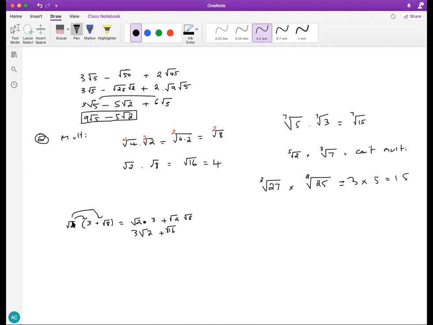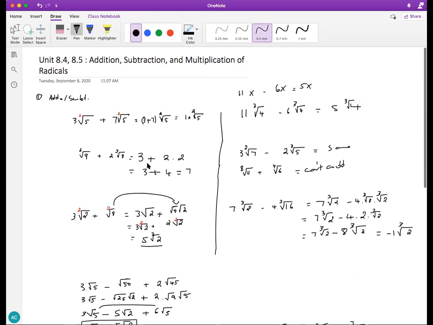Be careful when you distribute something like this. So this will turn into 3 radical 2 plus the radical of 16, which is 4. Can we add these two? Can we add 3 and 4? No. We can't, that's right, because when we add again, we must have radicals, same index, same radical.